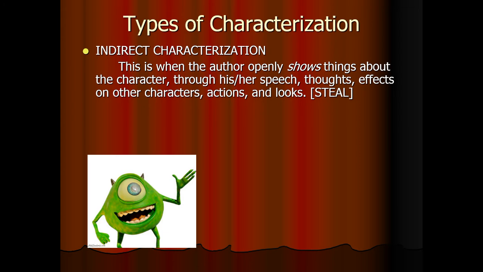So direct characterization is openly telling us. Indirect is showing us. And notice this list here, because it helps us remember the acronym. We get to know these character traits through speech, what they say; thoughts; effects on other characters; actions, what they do; and looks, like facial expressions or sometimes physical appearance.